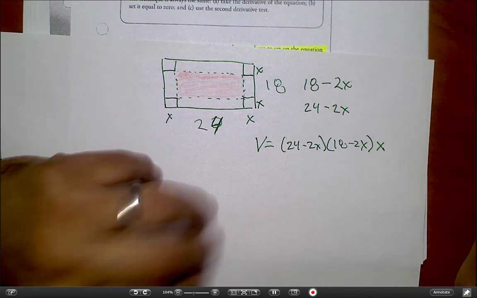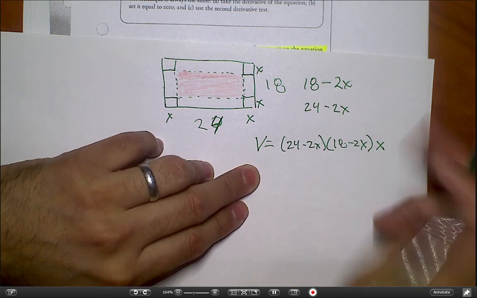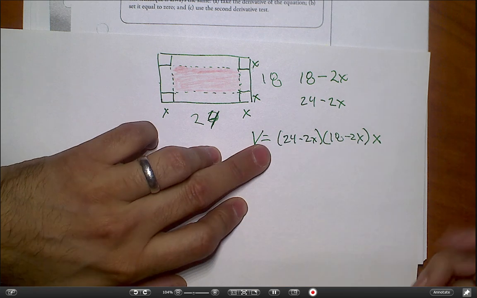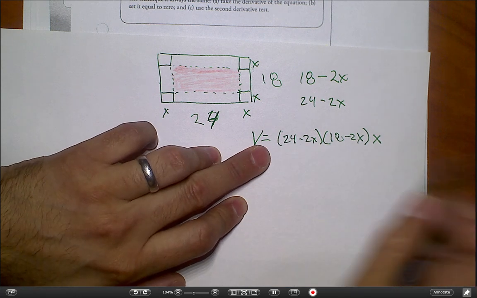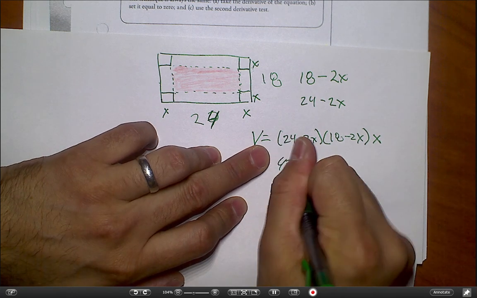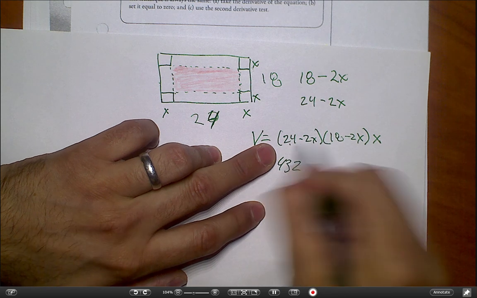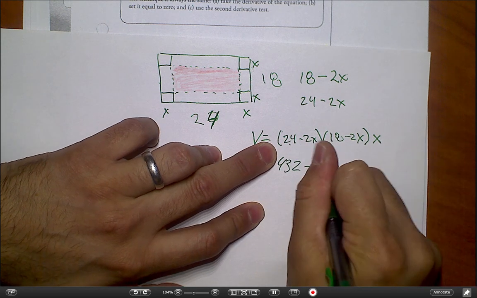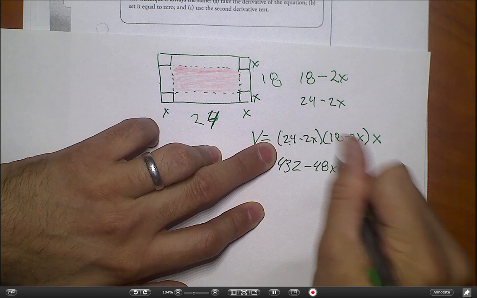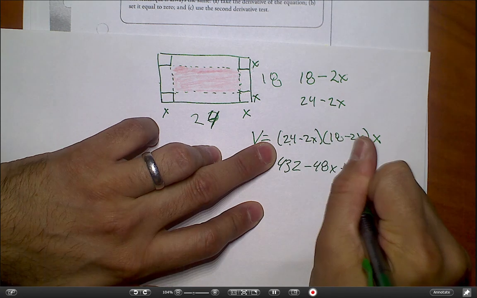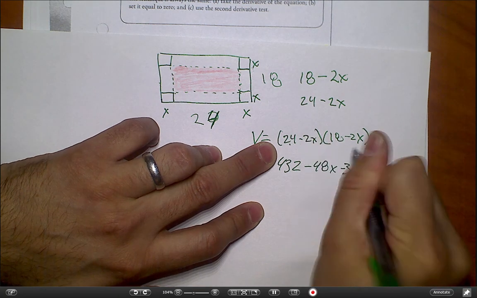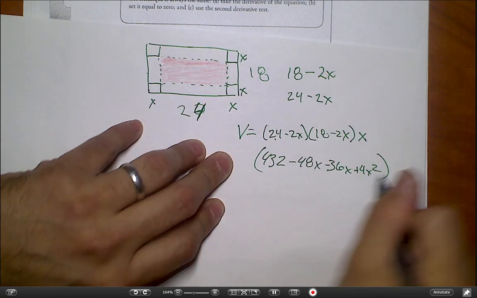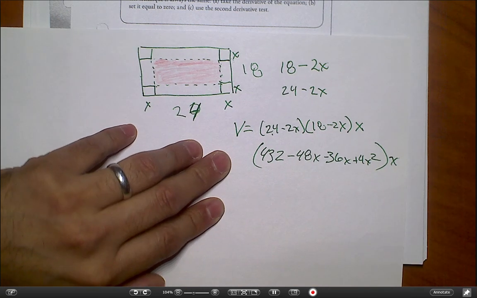So if I do my distribution, that's going to be 24 times 18, 432. Then minus 48x, minus 36x, plus 4x squared. And I still have to distribute out the x that I have right there.